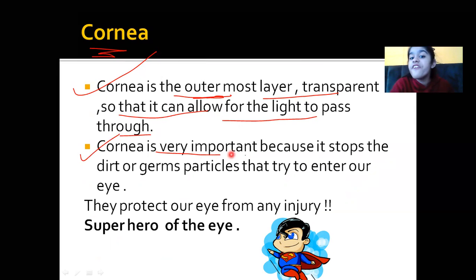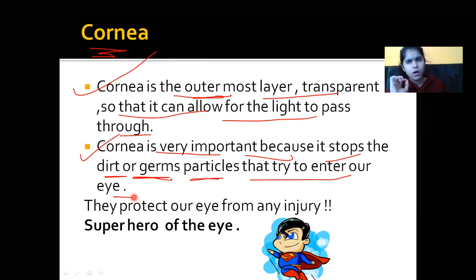The cornea is very important because it prevents germs, dust and other particles from entering your eye.